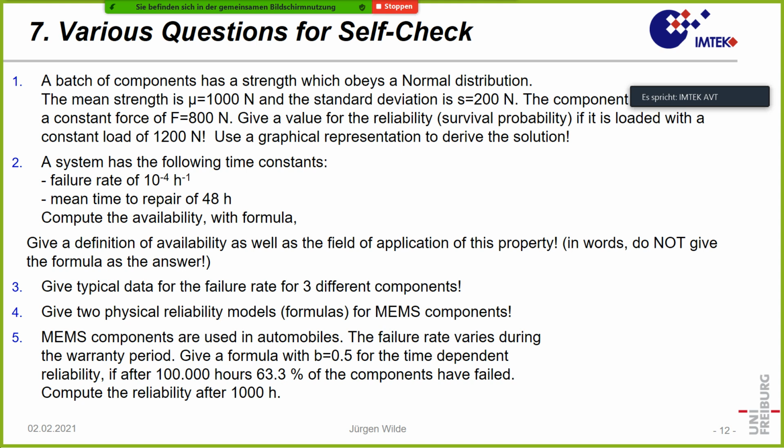The next question: a system has the following time constants. It has a failure rate of 10 to the power of minus 4 per hour and a mean time to repair of 48 hours. Compute the availability with formula.